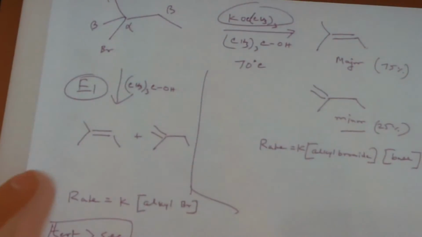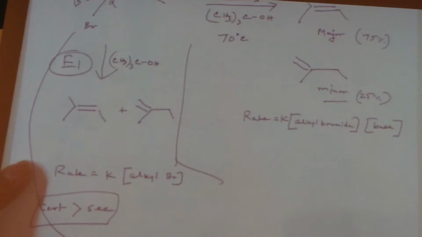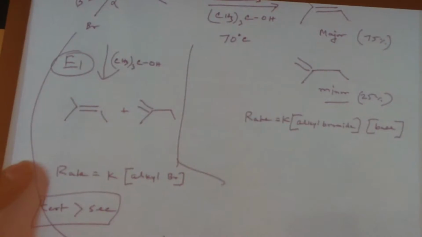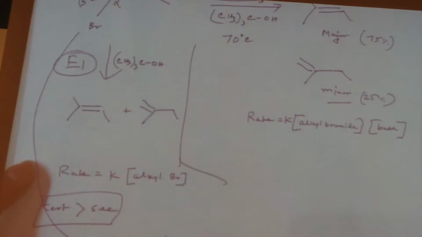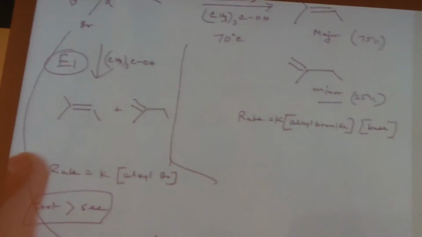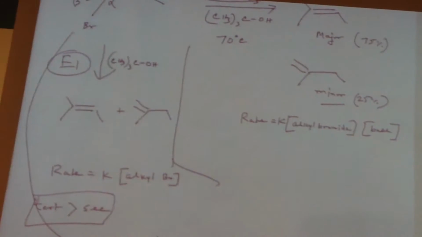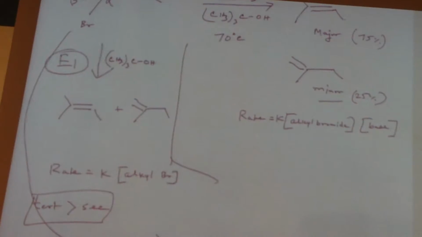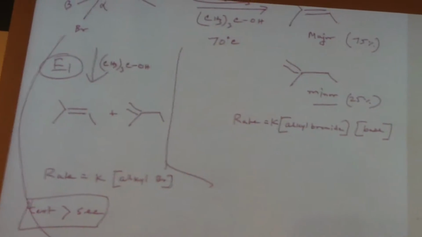So therefore, this reaction goes through a formation of initially a cation such as this, which can then react with an alcohol.